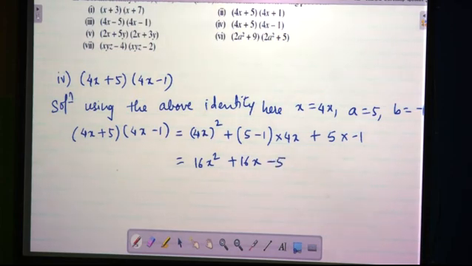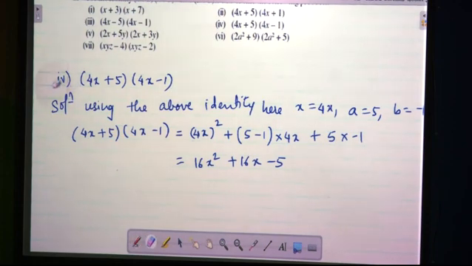In the bracket it was 5 minus 1, it became 4, because the sign of 5 is plus. 4 into 4x becomes 16x, and 5 into minus 1 becomes minus 5. So, it is 16x square plus 16x minus 5.